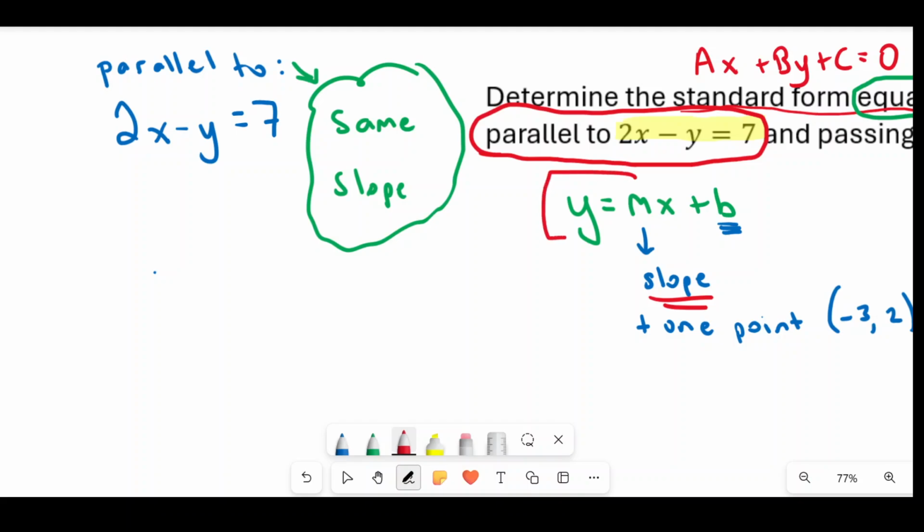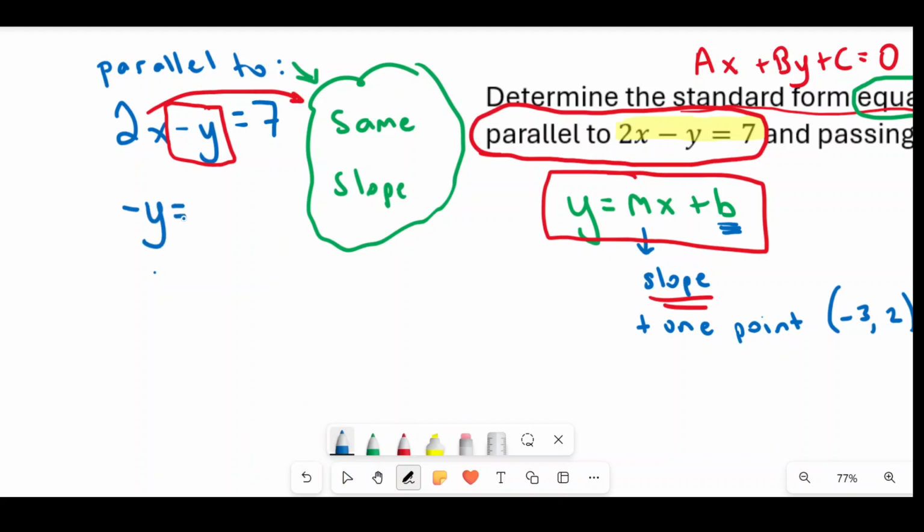This is what I want. So the first thing I'm going to do is isolate the term that has the y in it, and everything else has to move to the other side of the equation. When I do that, I'll be left with -y on the left. The 2x will have moved to the other side, and the way that we move it is subtract 2x.